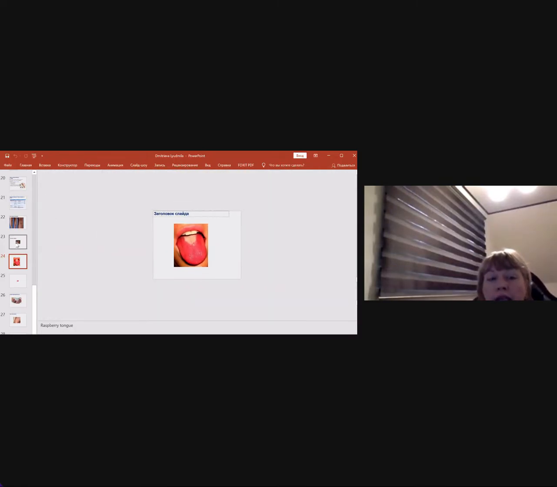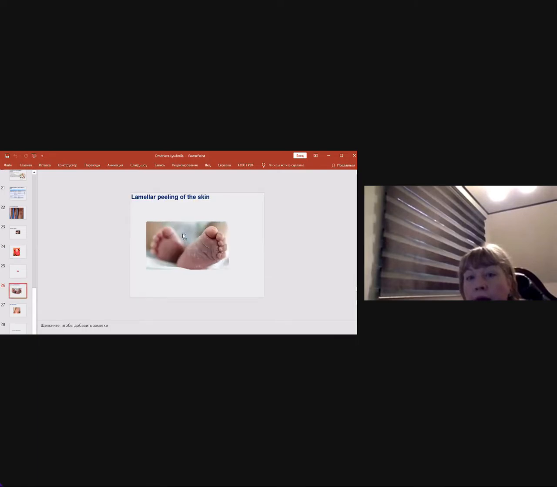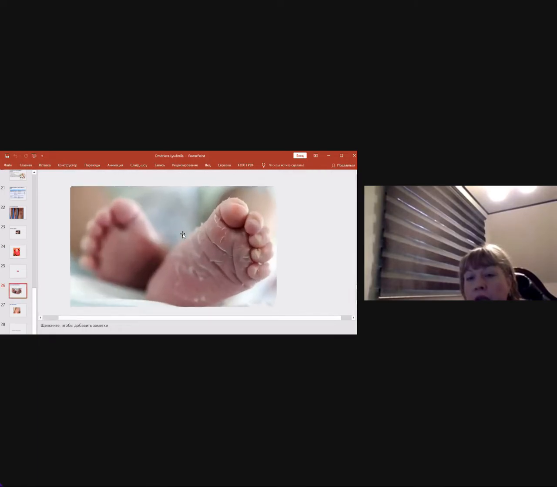The patients with yersiniosis, whatever the clinical form, may have from the second week after the onset of disease desquamation of their skin. And this desquamation may be on the distal parts of extremities.